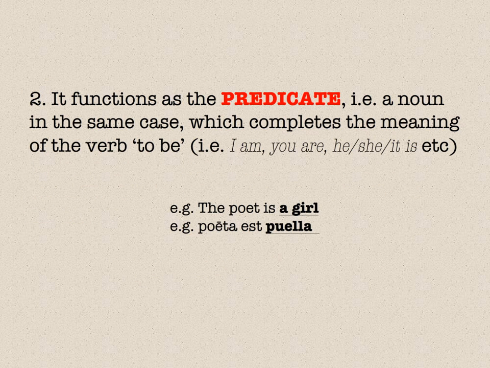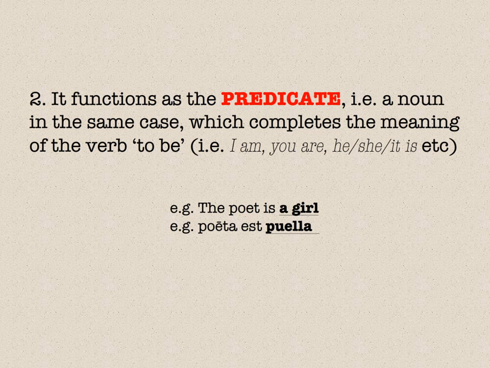The second use of the nominative is as the predicate. This is a noun in the same case which completes the meaning of the verb to be. So in English, I am, you are, etc. Earlier in this lesson, I called the predicate the appositive. This means the same thing. And to take an English example of this, the poet is a girl.